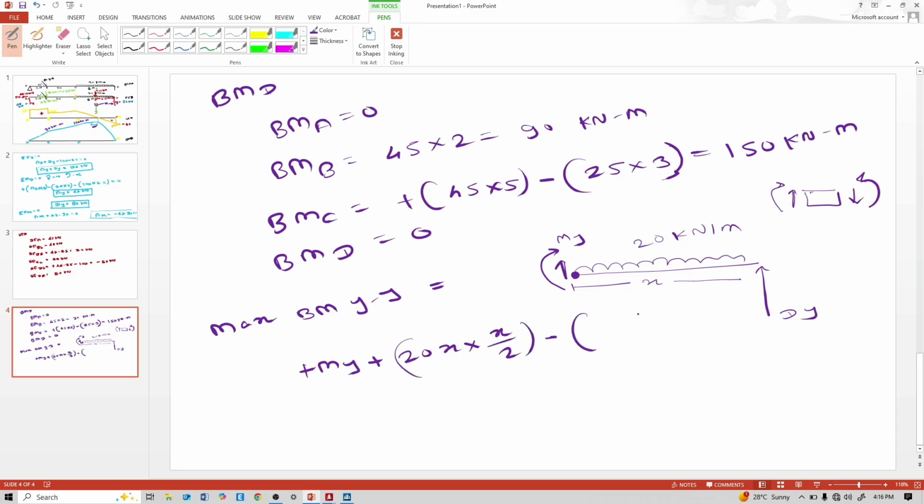DY reaction is 80, minus 80 into x is equal to 0. This moment is not 0, shear is 0 there. So My is equal to 80x minus 20x square by 2.